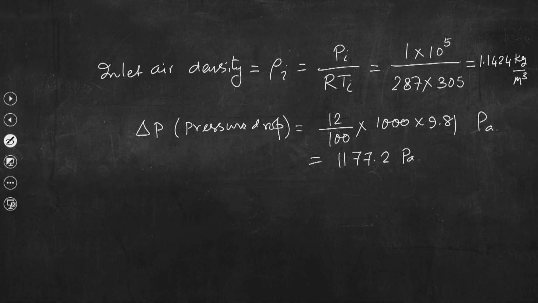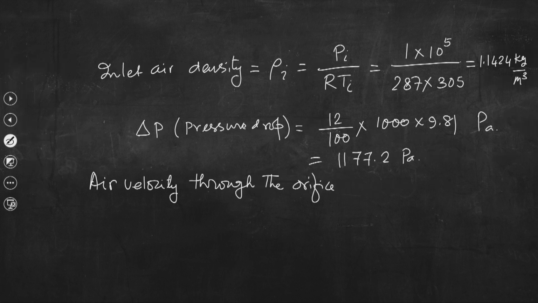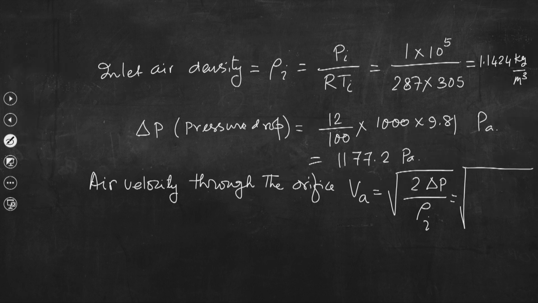Knowing this, we can calculate the air velocity through the orifice: VA equals under root 2 delta P divided by rho I. If we plug in the values, 2 into 1177.2 divided by 1.1424, it is coming as 45.39 meter per second.